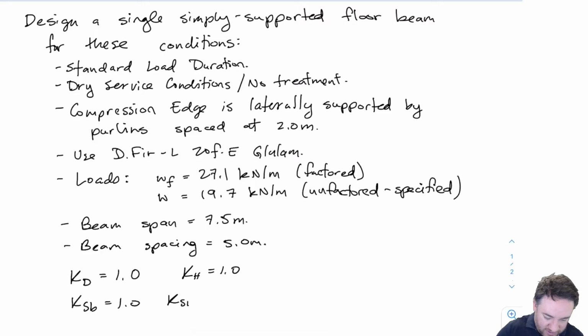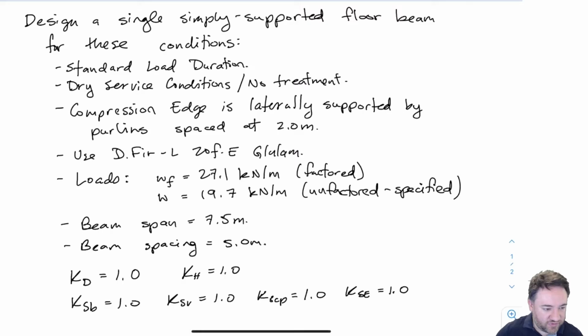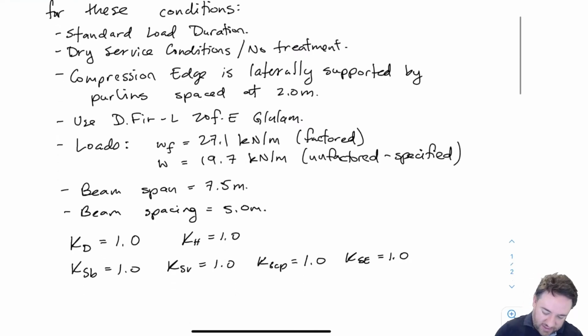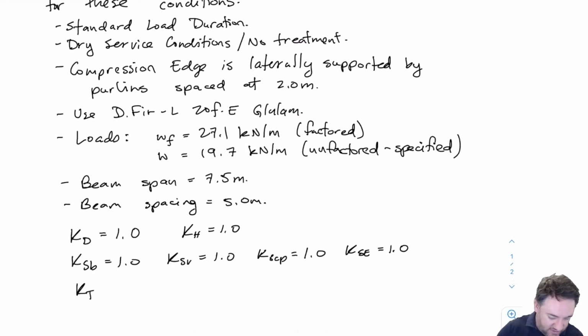That goes for bending, shear, KSCP, which is compression perpendicular, and KSE, which we would apply to deflection calculations. And we don't have any compression load in this beam because we have not covered beam column design yet. It's untreated, so KT is going to equal 1.0 as well.